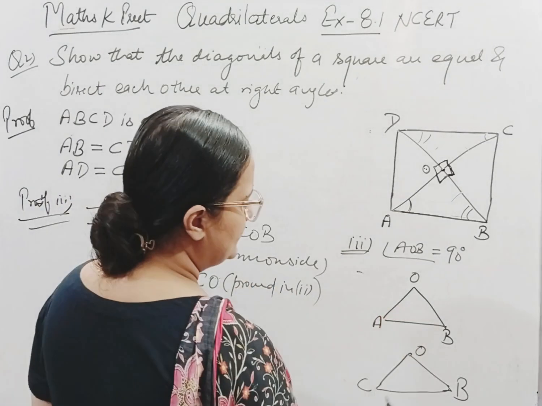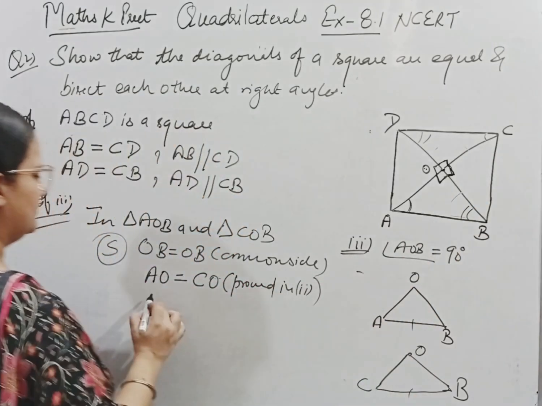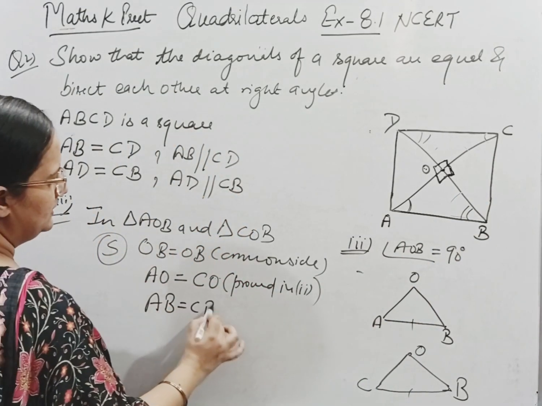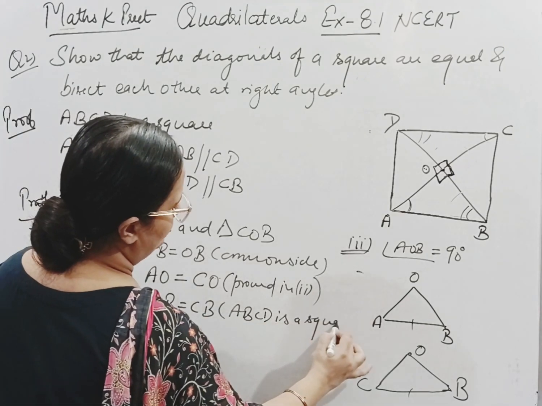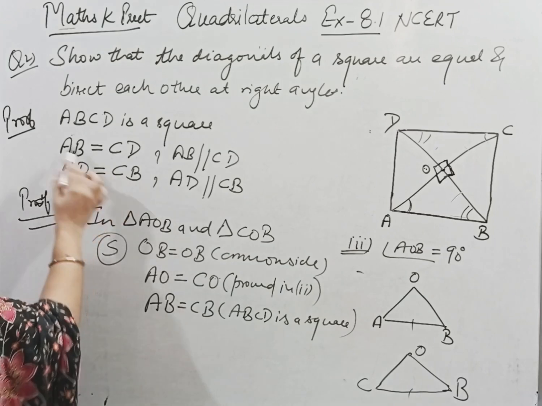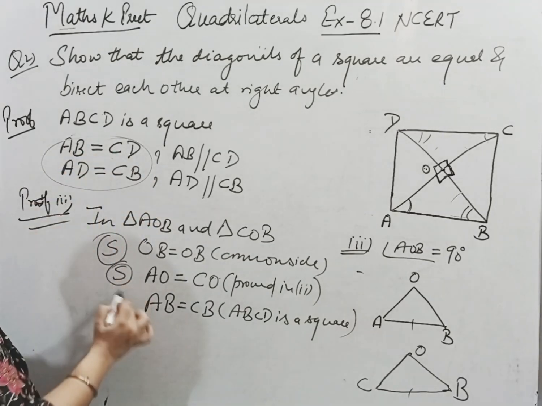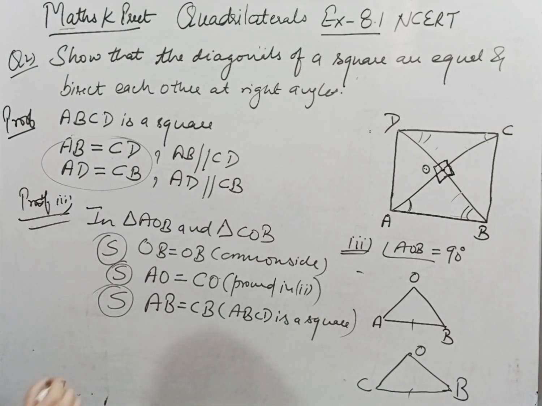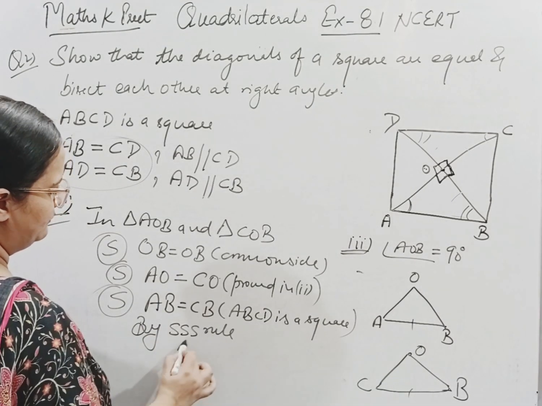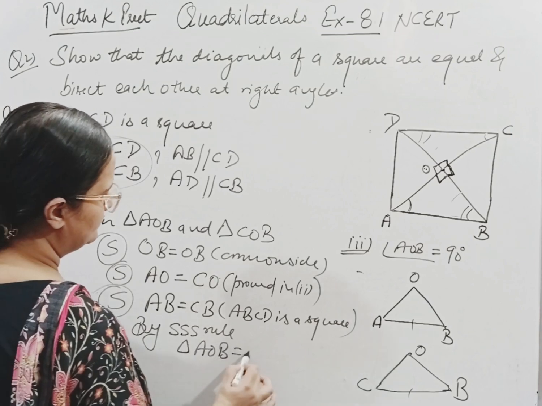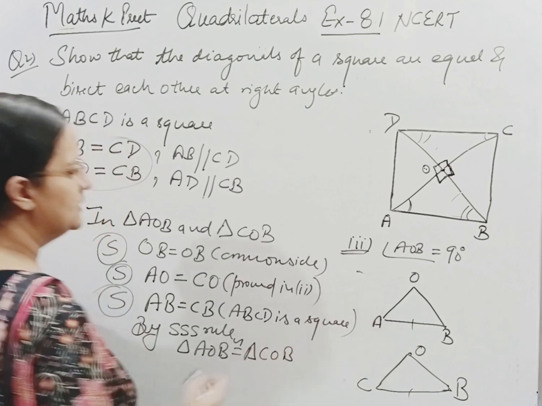It is a square, so all four sides are equal, so AB is equal to CB, because ABCD is a square. So by the side-side-side rule, triangle AOB is congruent to triangle COB.